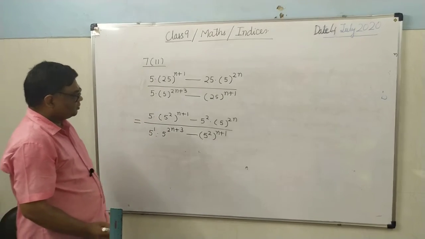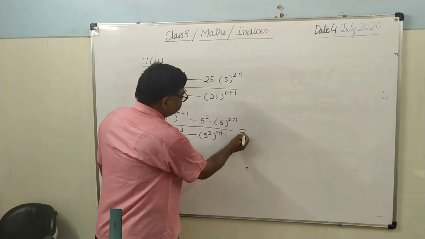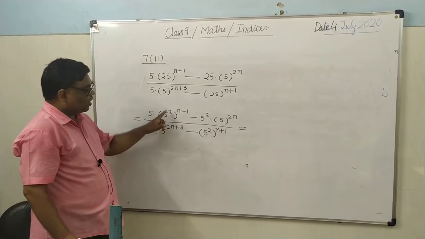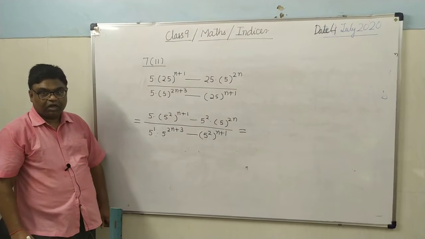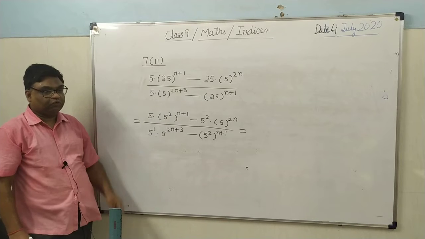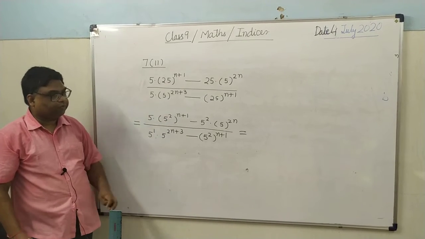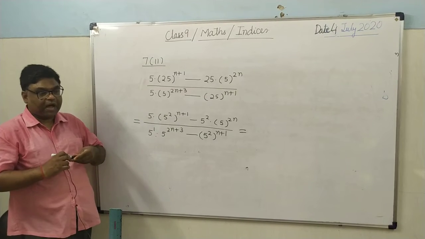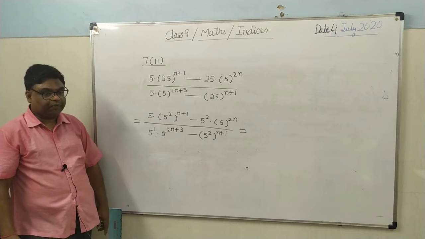Now when you simplify it further, this is 5 to the power 2 whole to the power n plus 1. How will you read it? Because of this bracket, you introduce the word whole. 5 to the power 2 whole to the power n plus 1. Power per power, successive powers. Which rule will you apply? The power rule.